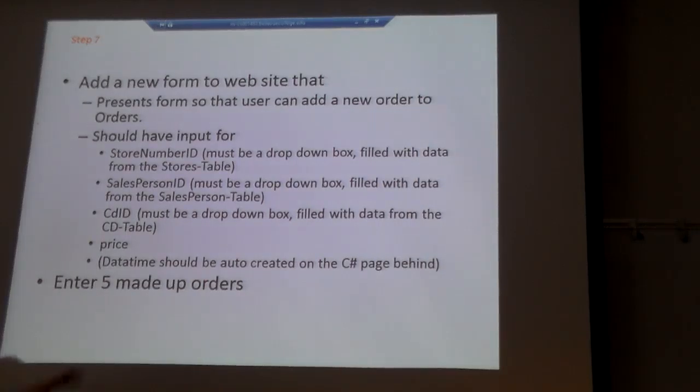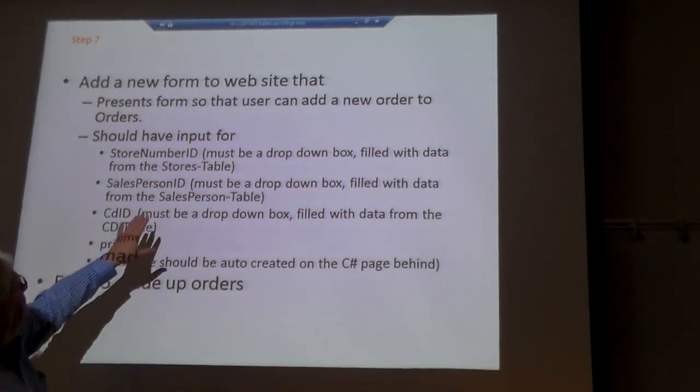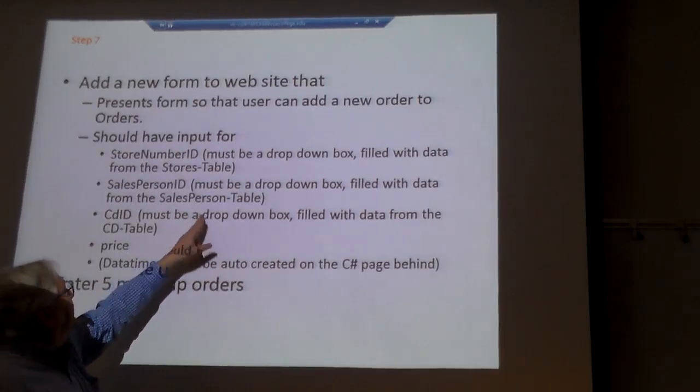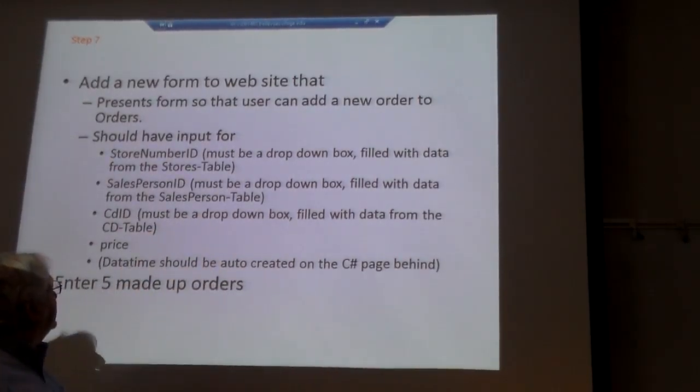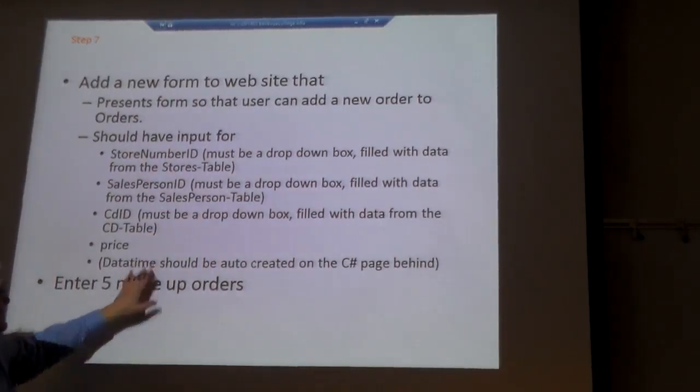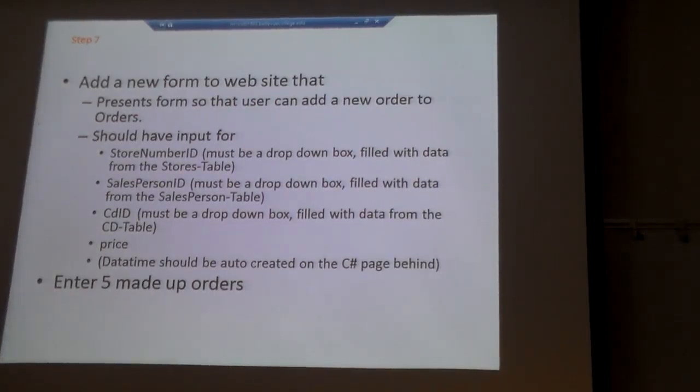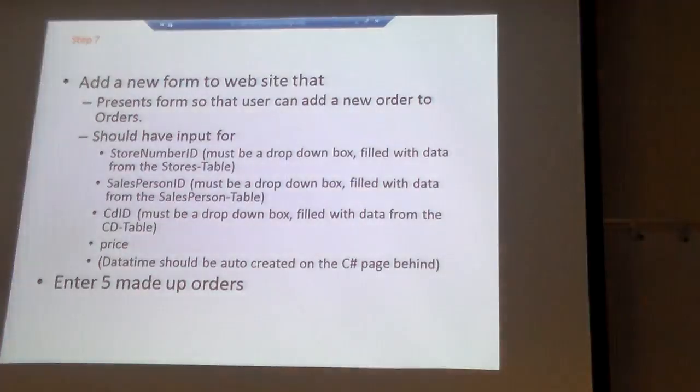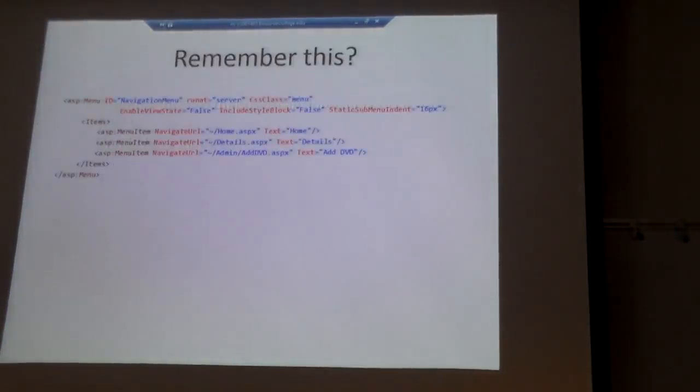And so this one should have a drop-down with stores, a drop-down with salespeople, and a drop-down with CDs. We'll create the time ourselves, and then make up 5 orders. Okay? So that's what I want you to do.